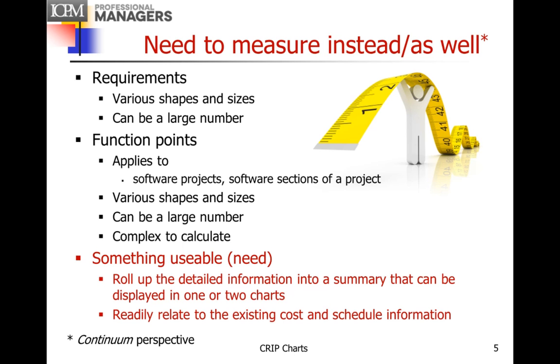Similarly with function points, they apply to software projects or the software sections of a project. They also come in various shapes and sizes. You can have a large number of them, and they can be complex to calculate. In fact, they are complex to calculate.